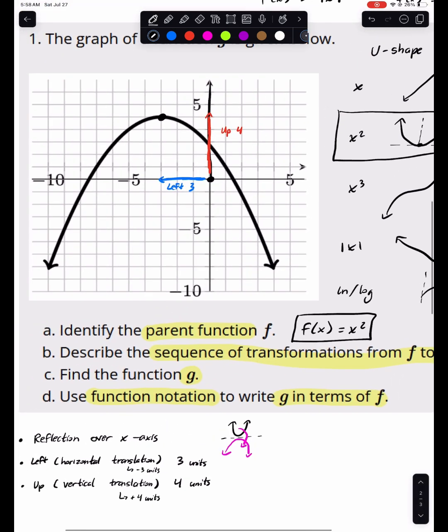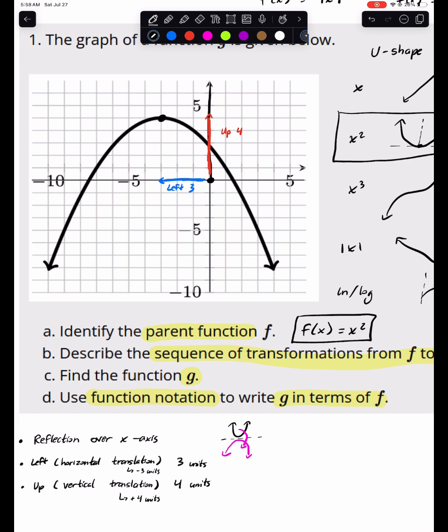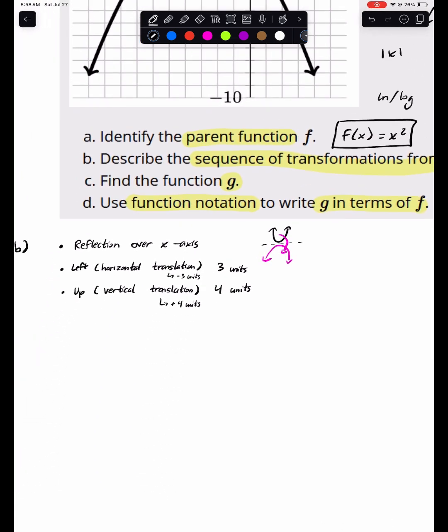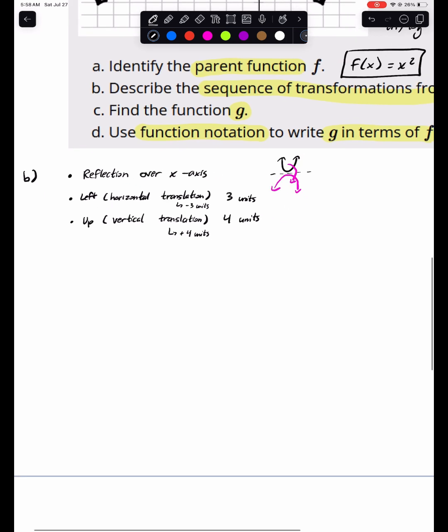Now that's not it, right? We need to check the stretch, like did we widen it or did we shrink it? So we know that with these reflections so far, we currently have g of x equals negative (x plus 3) squared plus 4, because we could do minus negative 3.